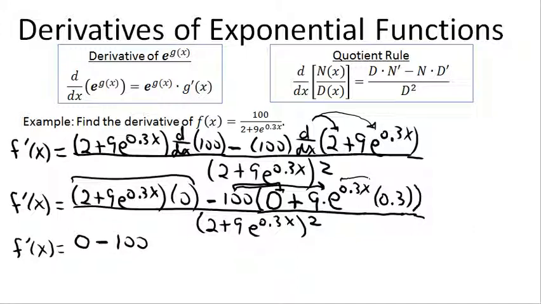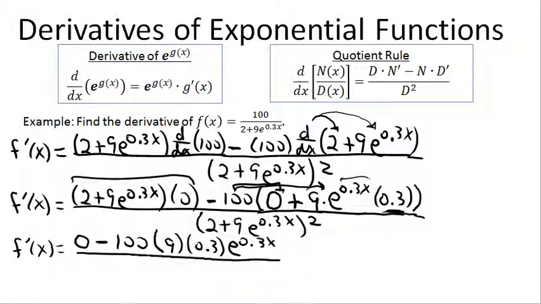I'm just going to drop the 0 in this step and write down the second term, but I will put the 9 and the 0.3 next to each other because they'll eventually get multiplied together. And I'll copy down the denominator.